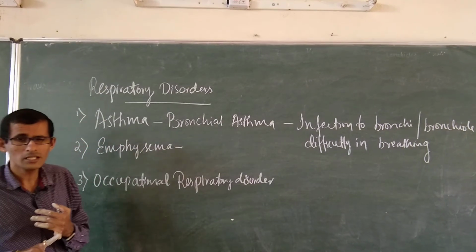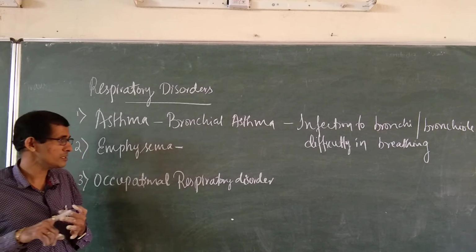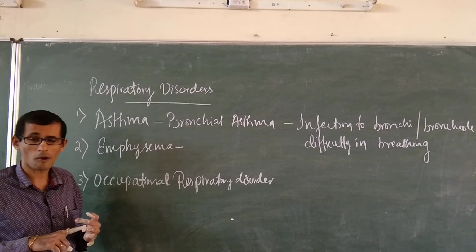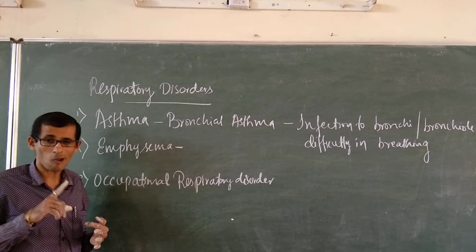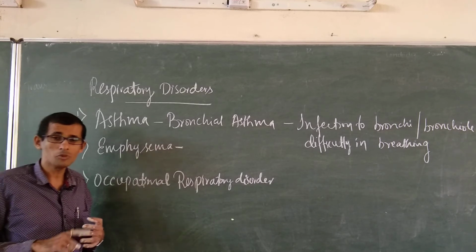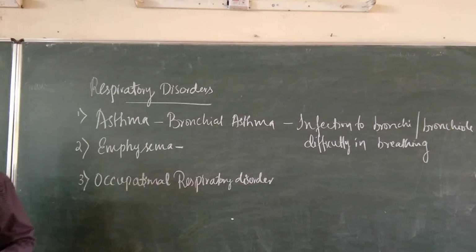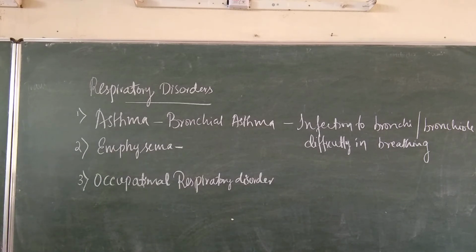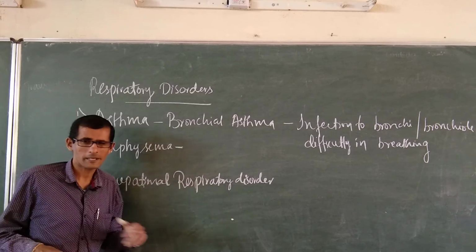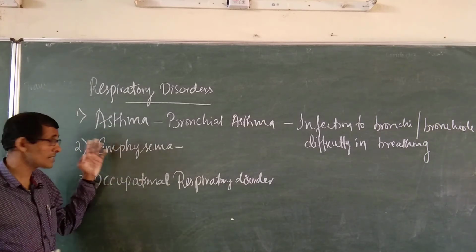Difficulty in breathing, chest pain, inflammation of the bronchi or bronchioles, blockage of the air passage, and increased mucus secretion result in breathing problems. Shortness of breath and sometimes a slight increase of body temperature may be there. So that is asthma.